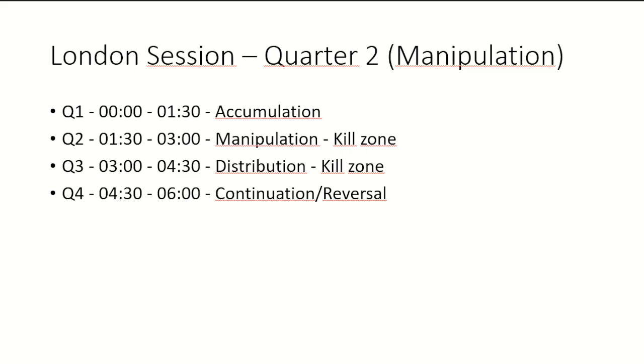London session, quarter 2, that is manipulation. Q1 is midnight to 1:30, accumulation. Q2 is 1:30 to 3, manipulation, kill zone. Q3 is 3 to 4:30, distribution, that is also a kill zone. Q4 is 4:30 to 6, continuation or reversal.